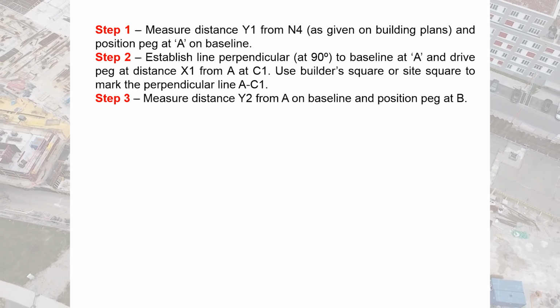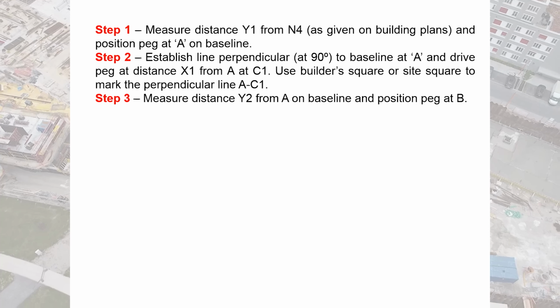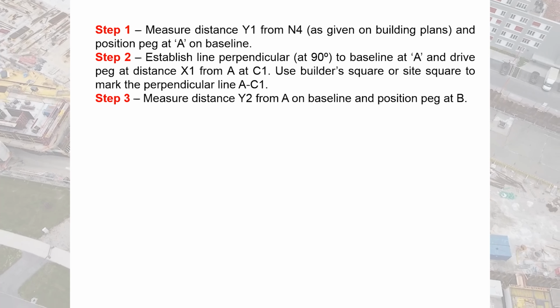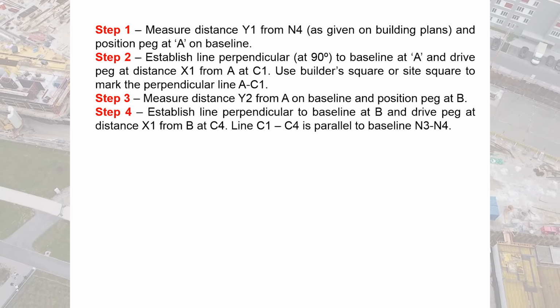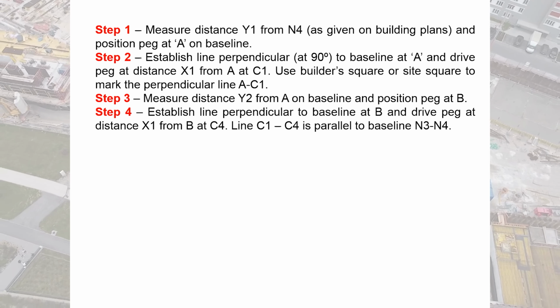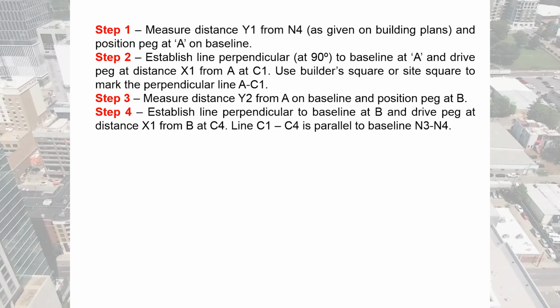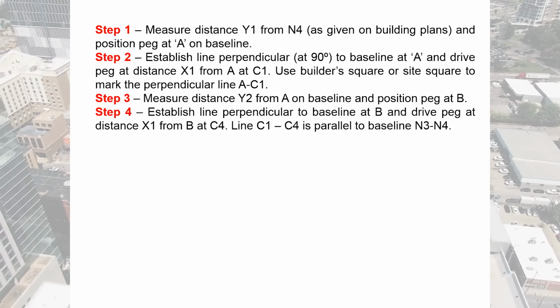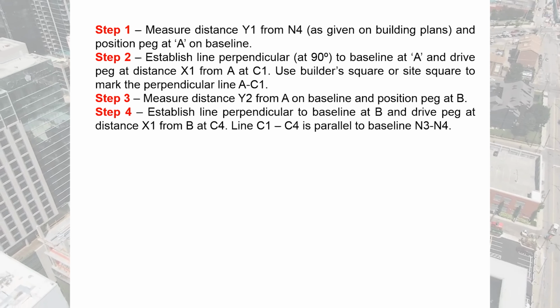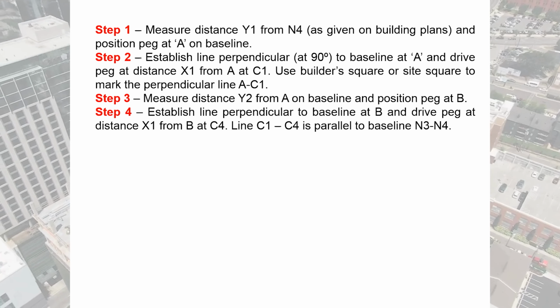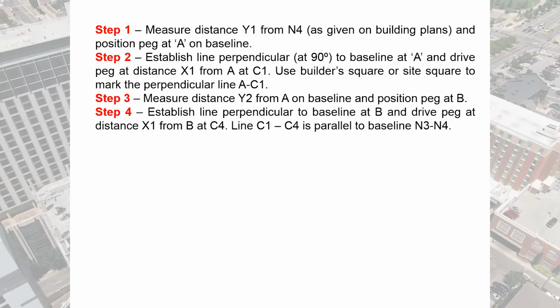Step 3. Measure distance Y2 from A on baseline and position peg at B. Step 4. Establish line perpendicular to baseline at B and drive peg at distance x1 from B at C4. Line C1, C4 is parallel to baseline N3, N4.